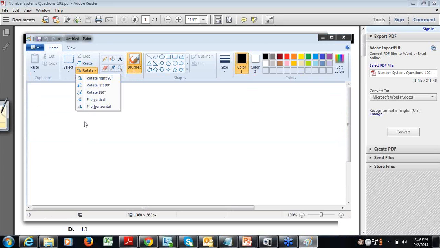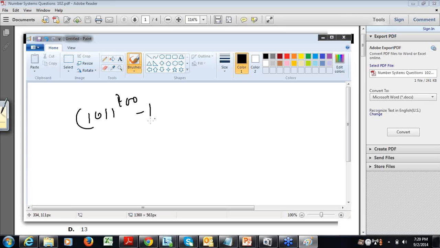So it is 101 to the power 100 minus 1, which will perfectly divide. So 101 minus 1 will be what? 100.